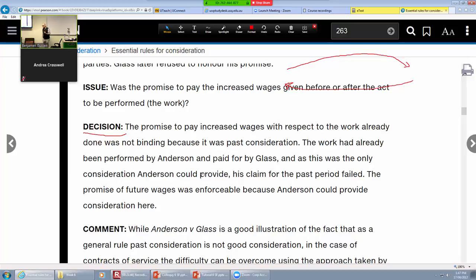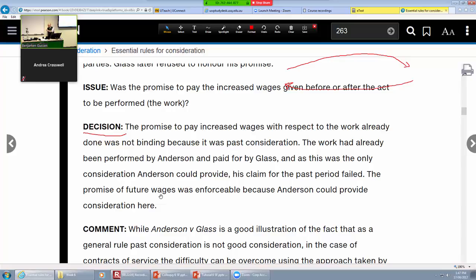What am I buying your promise with? The higher wages for what? That's the question. So the promise to pay increased wages with respect to the work already done was not binding. Can you see that? It's done already. What did you buy it with? And they say it's not binding because it was past consideration. Clear?